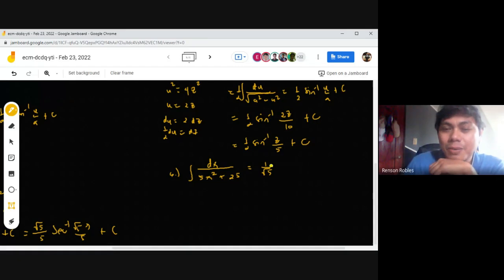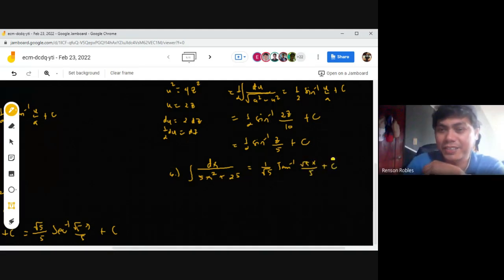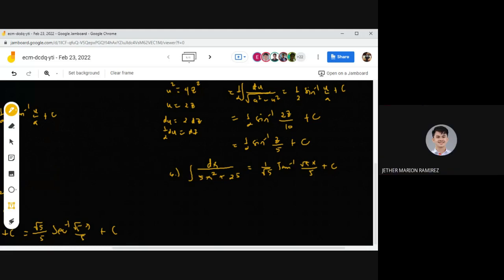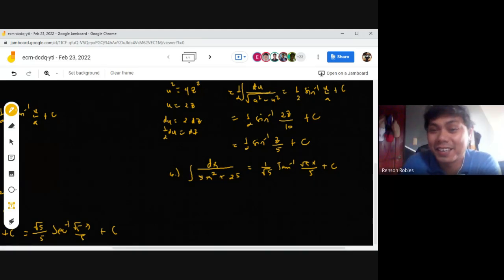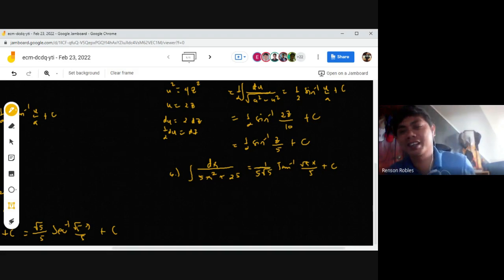Plus c. There's something missing. Sir, the 1 over a. The 1 over a. This is 5. That's 1 over 5 square root of 5 arctangent square root of 5x all over 5 plus c.